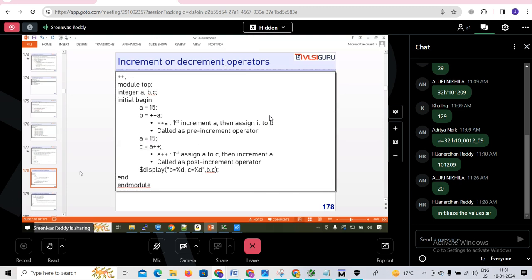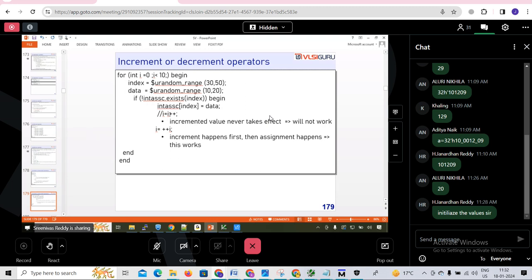So I'm not going to run this example because it's straightforward. These can be used in a for loop. Instead of writing A equal to A plus 1, you can write A plus plus. This code, if you run, doesn't work.